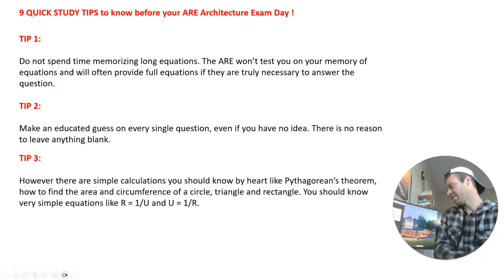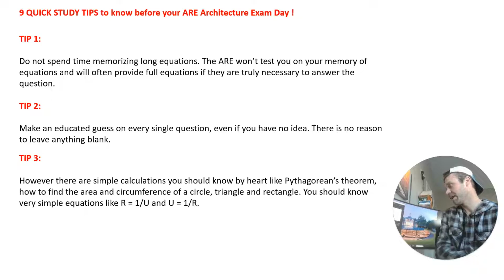Tip 3. That being said, there are simple equations you should know by heart, like Pythagoras' theorem, how to find the area and circumference of a circle, triangle, and rectangle. As architects, you should probably already know that. You probably did that in school. And you should know very simple equations like R equals 1 over U and U equals 1 over R. Every architect should also know their times tables by heart, especially multiples of 12, up to, I would say, 12 by 12 times 15.